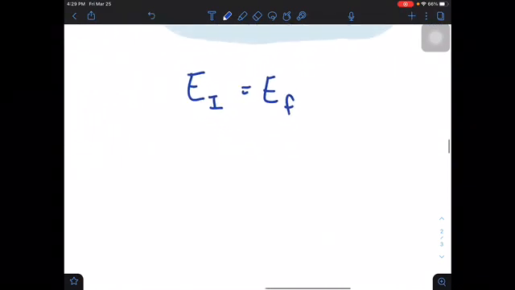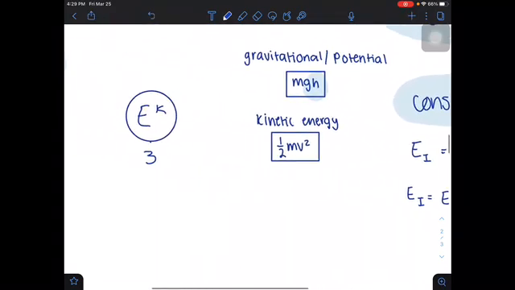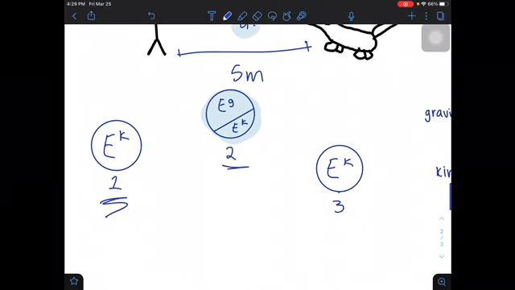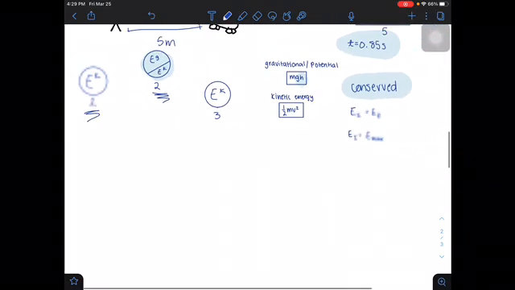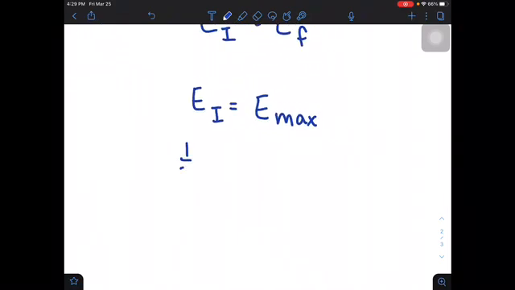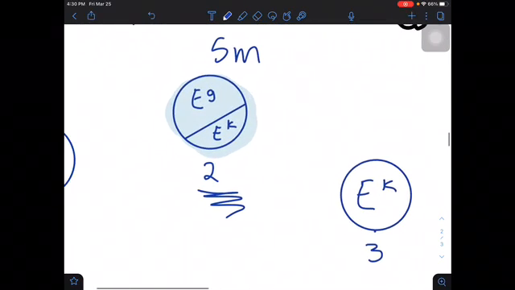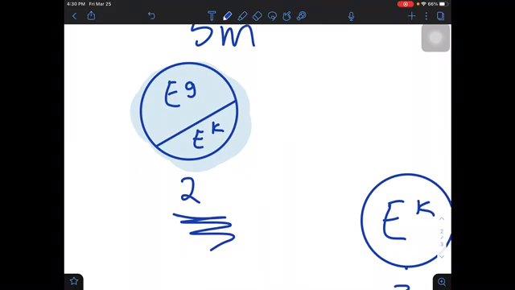So we're going to be using energy initial is equal to energy max, so at the top. So over here, we're going to be using 1 is equal to 2. So our energy initial is kinetic, 1/2 mv squared, and our energy max is going to be kinetic energy, so 1/2 mv squared plus mgh, because if you remember, this circle is split and has both gravitational potential energy and kinetic energy.